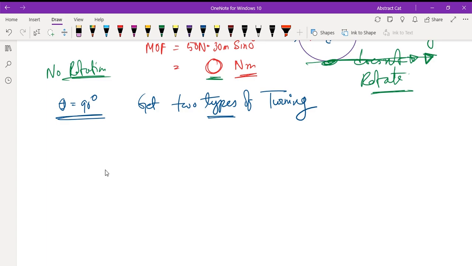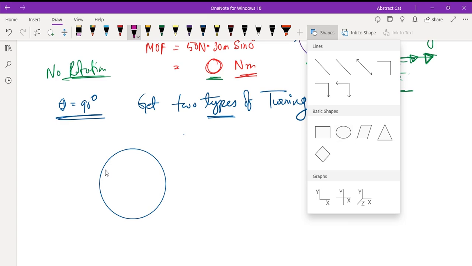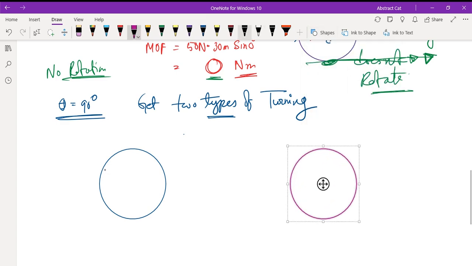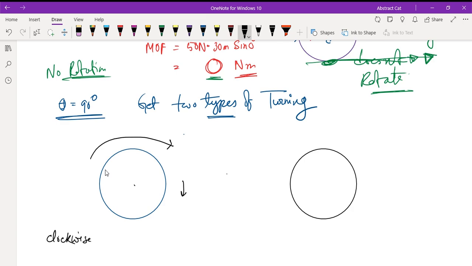If we put another shape here, and the rotation looks like this, the body moves forward. That is a clockwise direction. This is called clockwise movement, which goes forward.